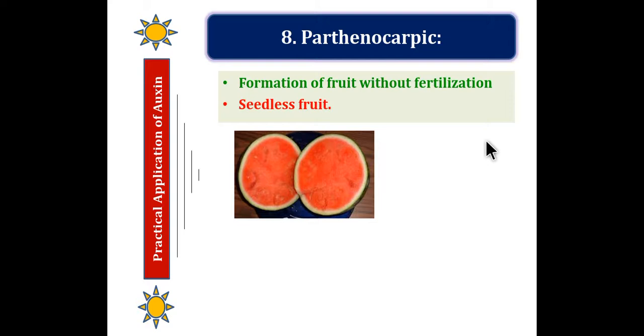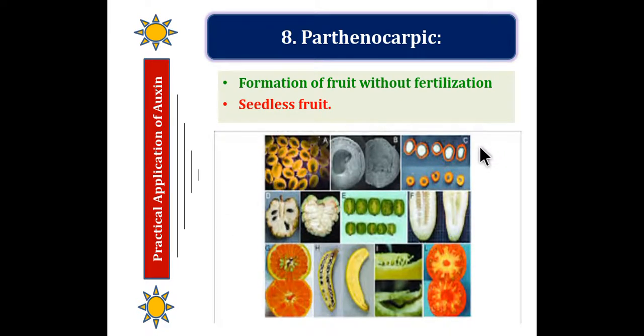In many plants like orange, banana, and grapes, natural parthenocarpy can be observed. Here you are looking at the picture of a watermelon and many other fruits like custard apple. Then you are seeing the cucumber, banana, tomato, and citrus. All these are seedless fruits now available in the market.